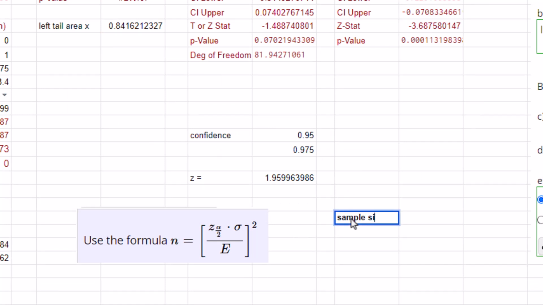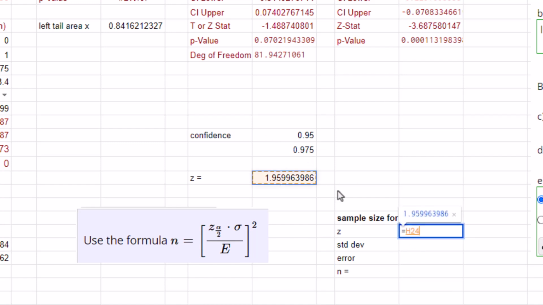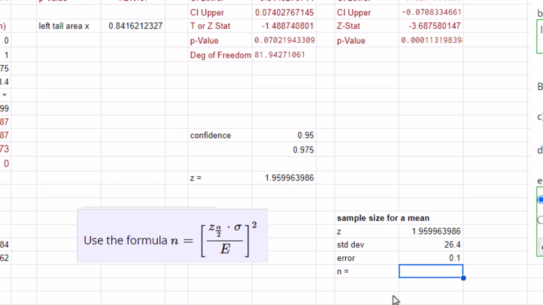So my sample size for a mean, because remember it's different if it's a proportion, needs a z value, needs a standard deviation, sigma, and an error. So what I could do is grab that z, type in my standard deviation that was given, 26.4, and my error, 0.1.